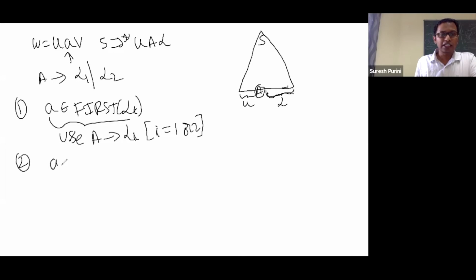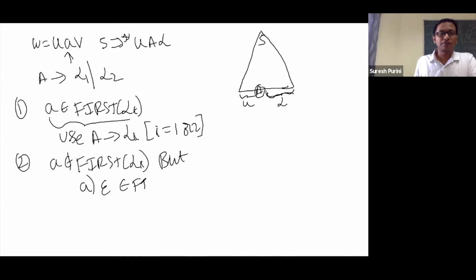But on the contrary, let's say A does not belong to first of alpha I, but what we have here is epsilon belongs to first of alpha I. This is interesting and useful, because we can possibly still use this substitution rule, A goes to alpha I, to proceed with the parsing process.